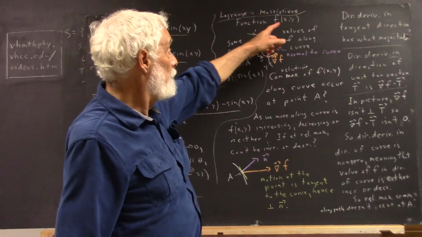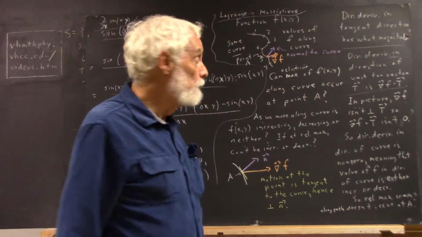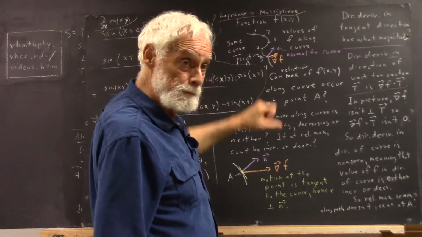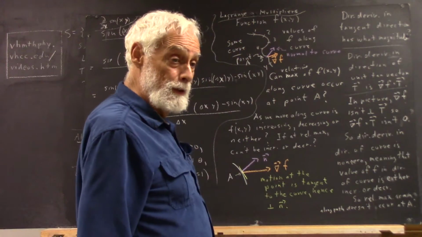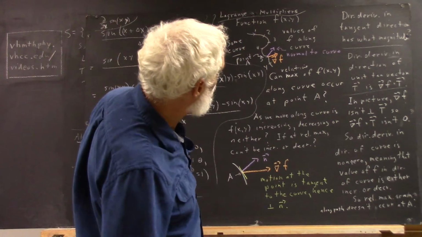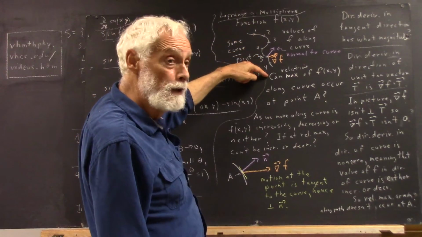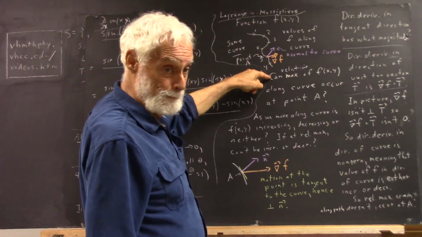Okay, so you've got some function f of x, y. We're familiar with functions of two variables, and with the fact that if we have a path here, the function can be evaluated at points on the path. Let's say we evaluate the function at six points and the numbers we get are 1, 2, 3, 4, 5, and 4.